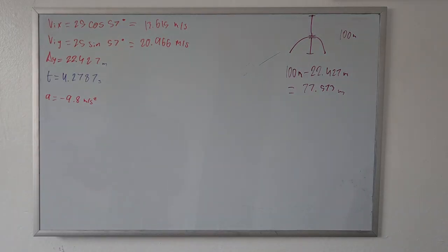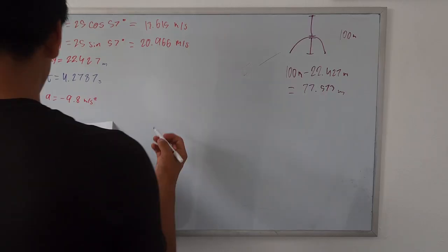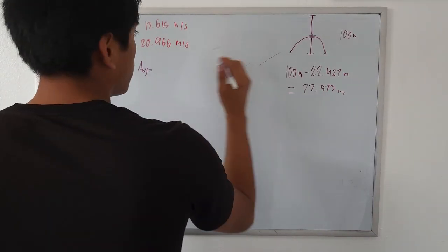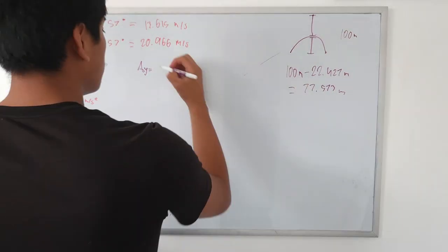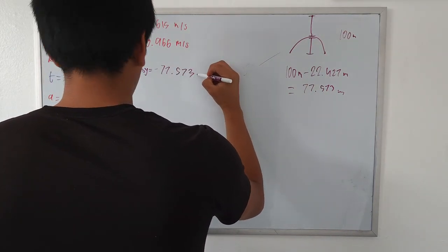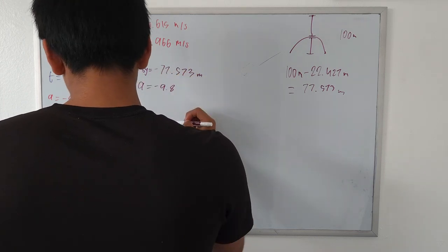So now we're going to write down what we know. So we know that the displacement is going to be negative because it's going to travel down. So it's going to be negative 77.573 meters. The acceleration is negative 9.8.